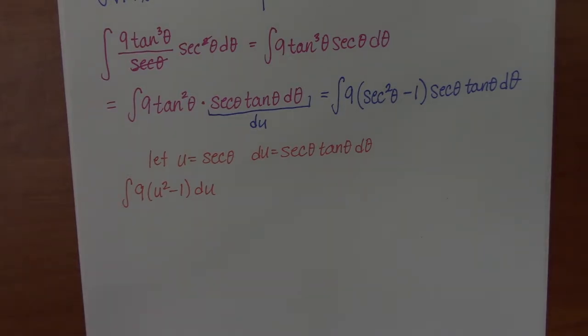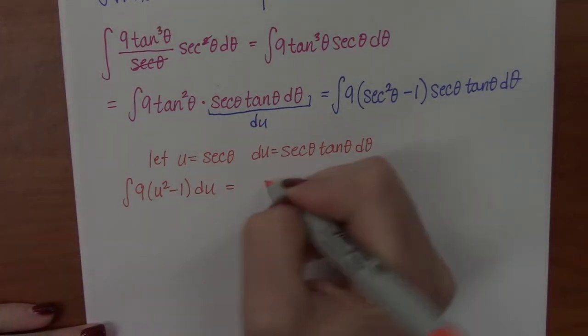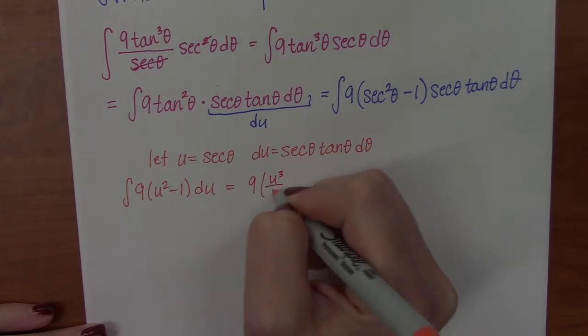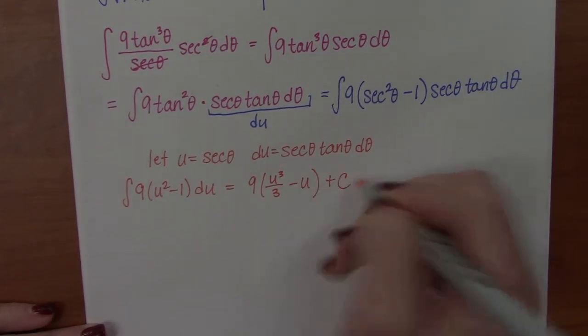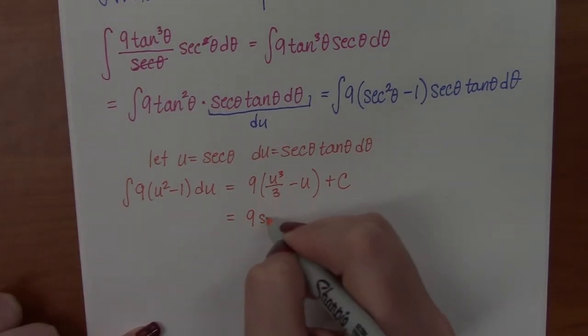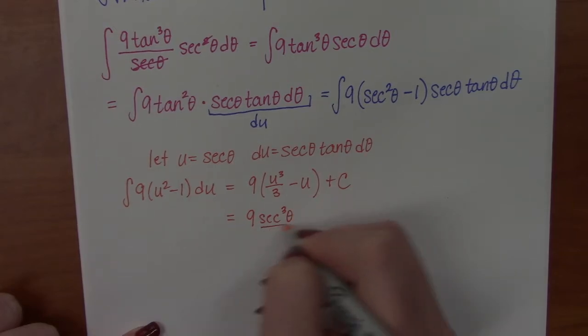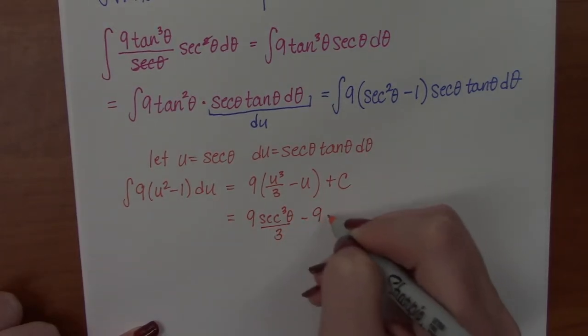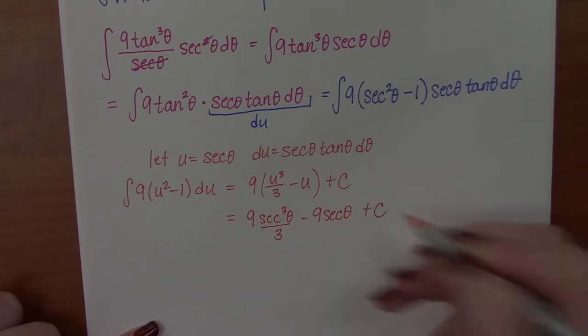In the chapter 8 trig integration section, I do a bunch of examples, and I've actually typed out the guidelines for you that show you when to factor things out and what to do. So if we anti-differentiate this, we get 9 times u cubed over 3, minus u plus c. So now I have to plug back in what u was. So I get 9 secant cubed theta over 3, minus 9 secant theta plus c.